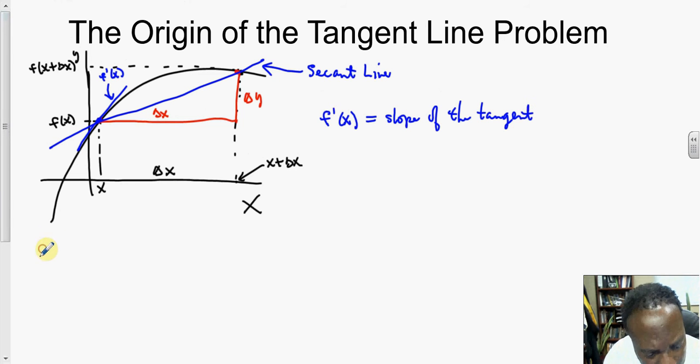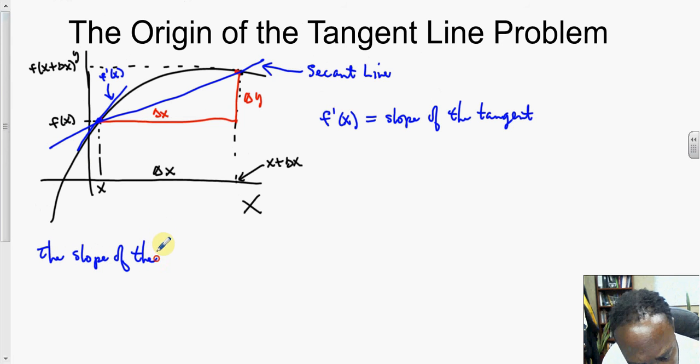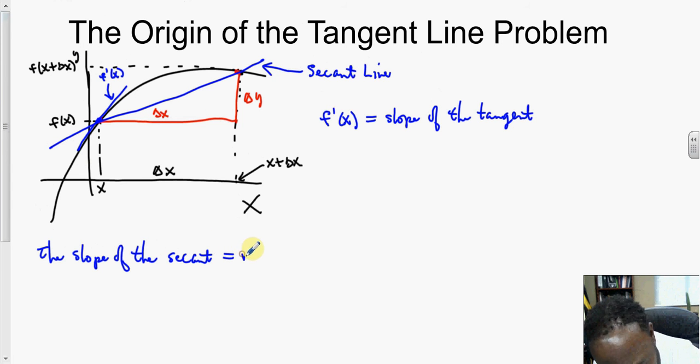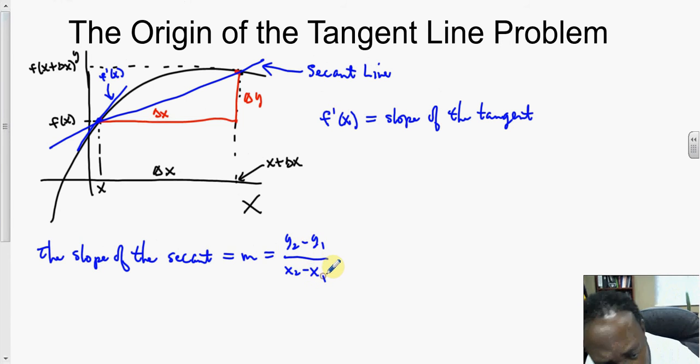So here, the slope of the secant, we call the slope m. You recall y sub 2 minus y sub 1 all over x sub 2 minus x sub 1.